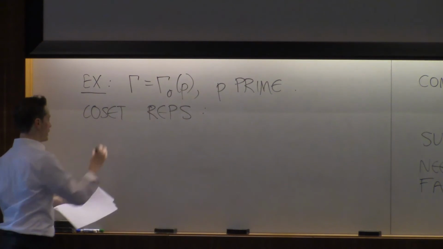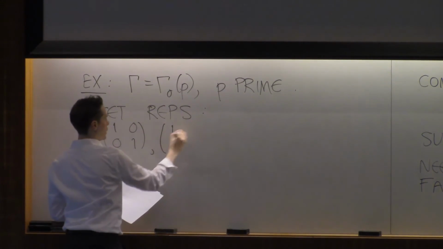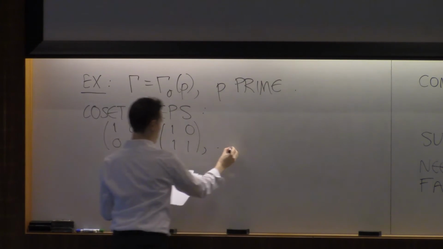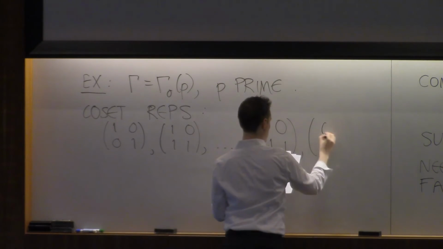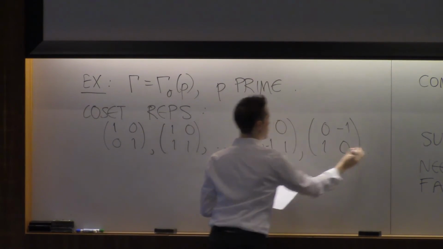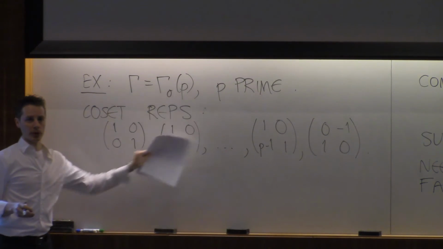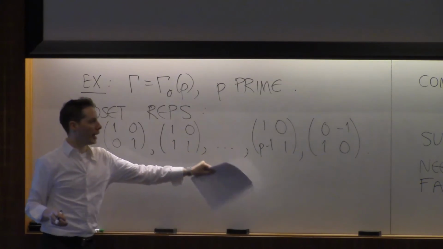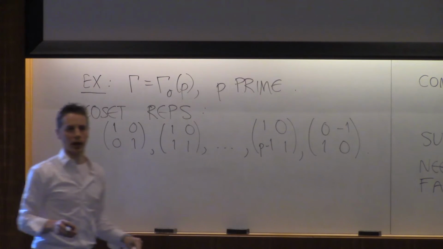Because of left versus right issues, they aren't literally the same, but they're pretty close. Okay, so there are P plus 1 matrices that I've written down there. One of them is the identity coset. I've got these translates here, you see the P of them, so 0 up to P minus 1. And here's your S, which does not belong to gamma 0 of P because the lower left entry is not divisible by P.